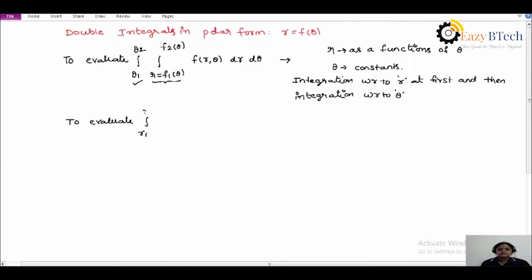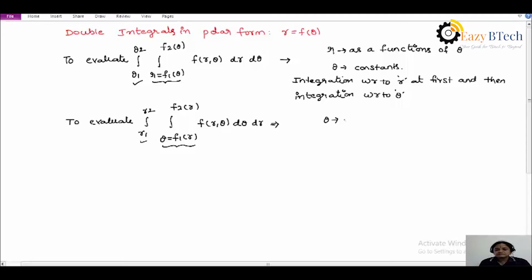Suppose to evaluate the integral r1 to r2 and theta equal to f1 of r to f2 of r of f of r comma theta d theta dr. That means here theta limits are in terms of r and r limits are constants.